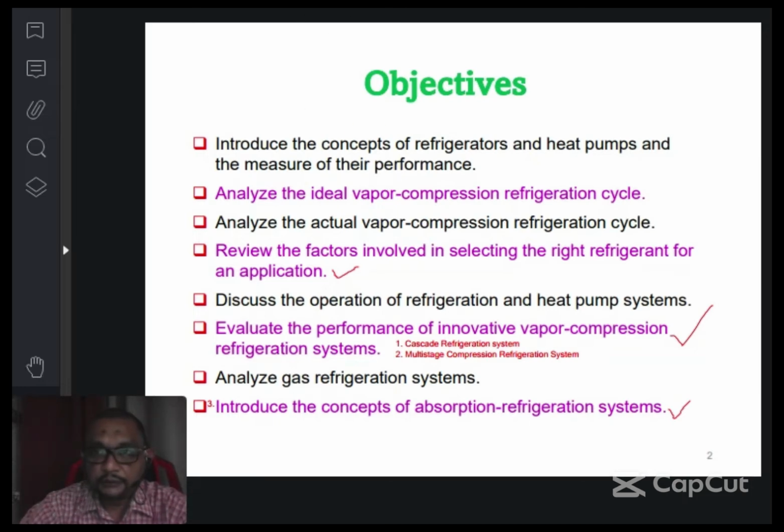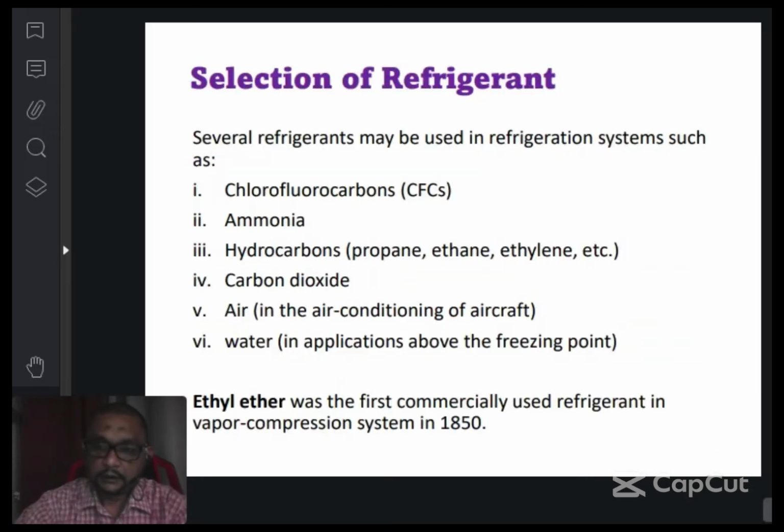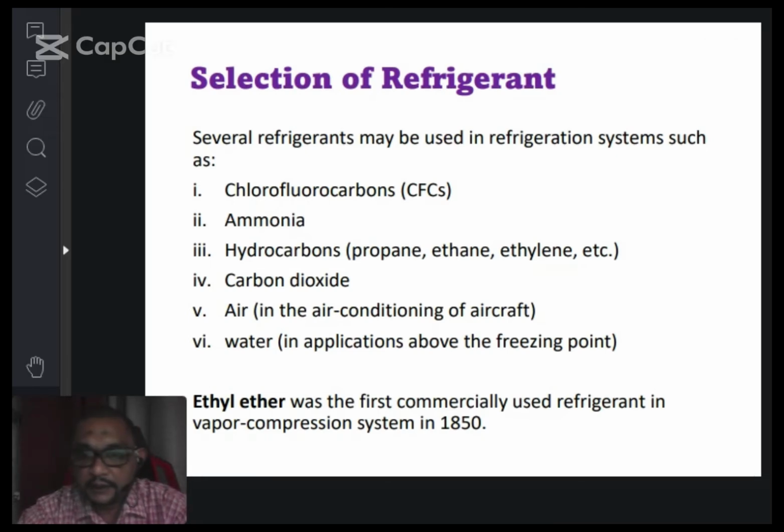When you want to design a refrigeration system, there are several refrigerants which you must choose from. That means before you do the design of the refrigeration, several refrigerants may be used in a refrigeration system.